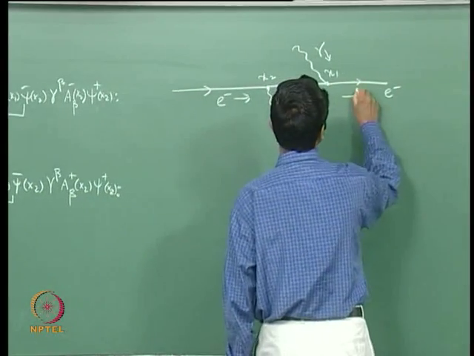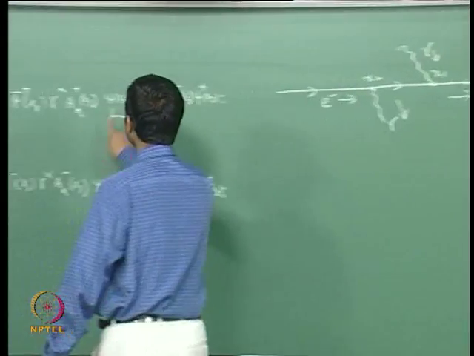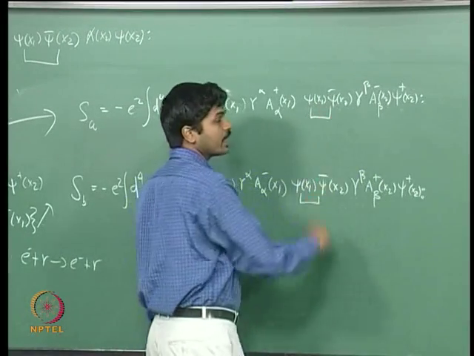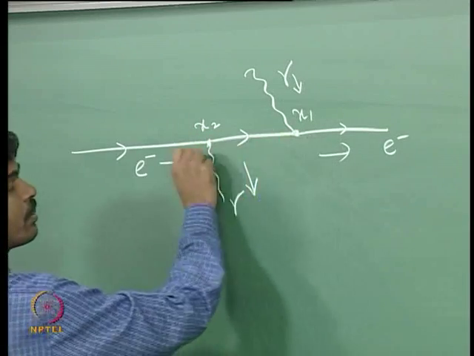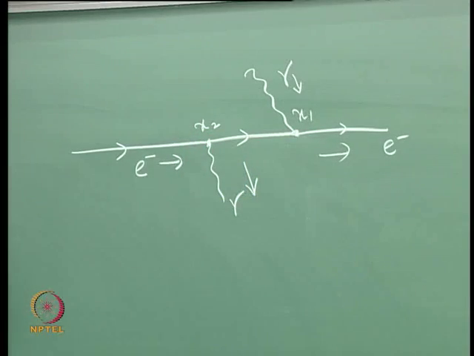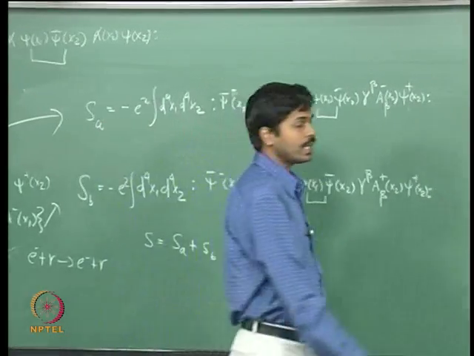So you have an outgoing electron which is getting created at x1, and then there is a propagator psi x1 psi bar x2 which describes propagation of an electron from x2 to x1. So pictorially I can represent this term of the S matrix like this.